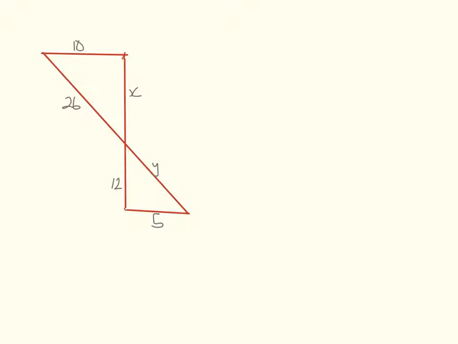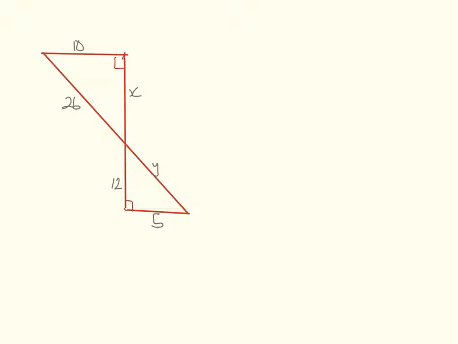This 10 will correspond with that 5 over here, and then y corresponds with 26 and x corresponds with 12. Just imagine that the triangles have been flipped over so they match each other, but they are similar. There are a couple of 90-degree angles in there to confirm that. Okay, let's start with method 1.